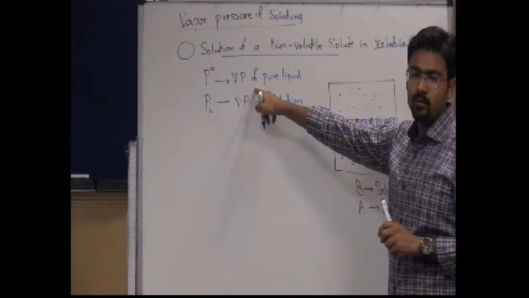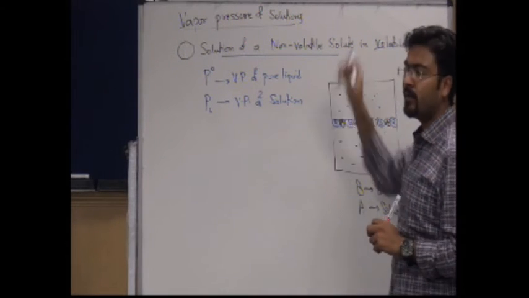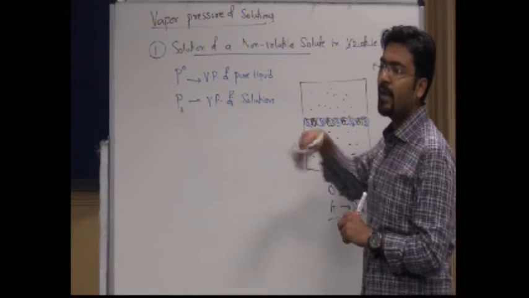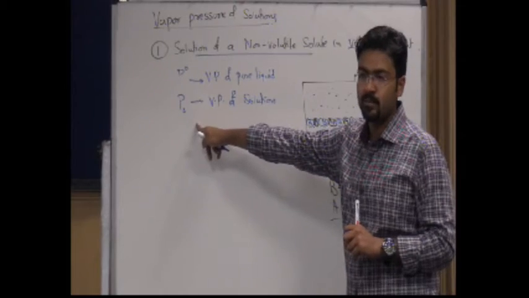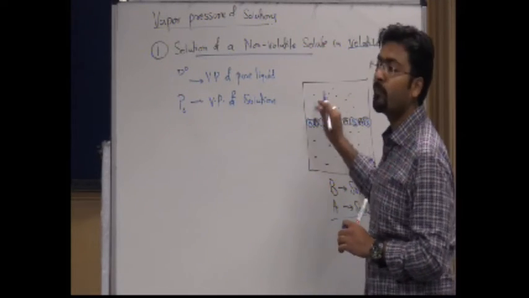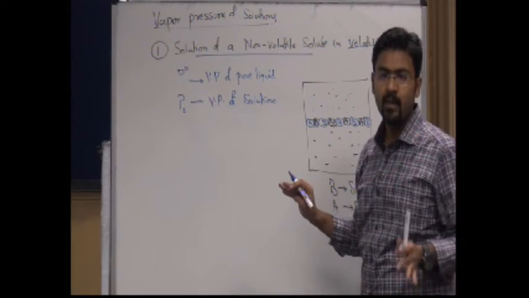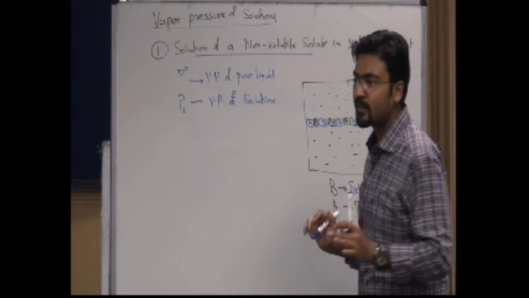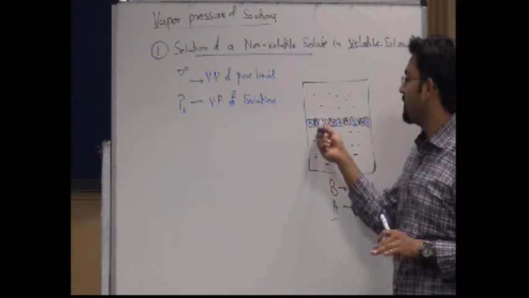This will be P naught, right? And at the same temperature, you opened the container, you dissolved some NaCl or maybe some non-volatile solute into it, and then you measured the vapor pressure, it will be PS. The vapor pressure in both cases is only and only because of vapors of B, because A cannot form vapors. But since A is present at the launching site or the surface, it will definitely be affecting the vapor pressure of B, right?